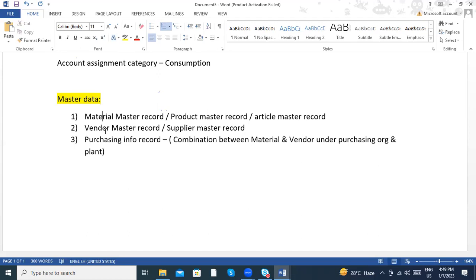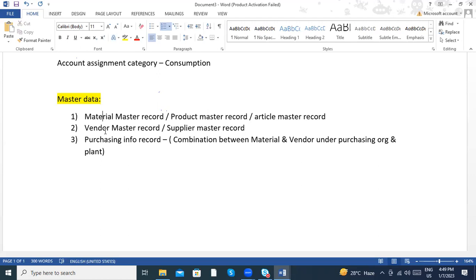So in the purchasing info record, what will be happening? We are entering any terms and conditions, any notes, and the input tax code. Because from state to state, the tax code will be different.